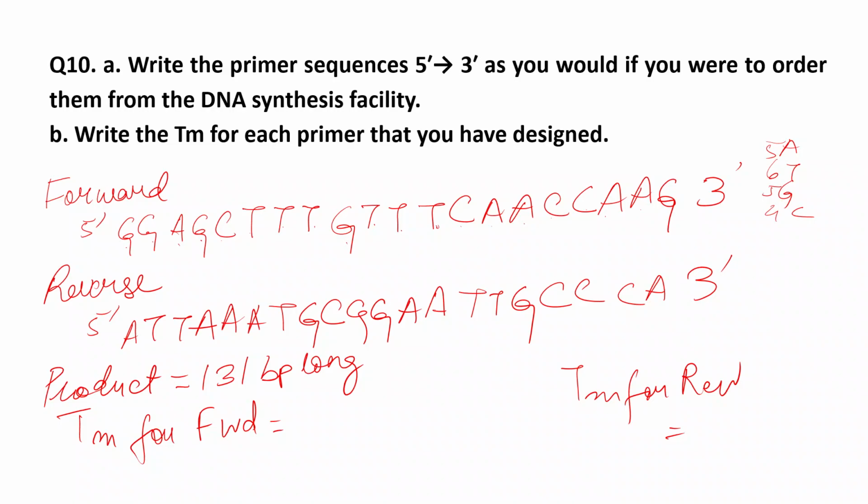So 4 into G is 5 and C is 4, plus 2 into A is 5 plus T is 6.